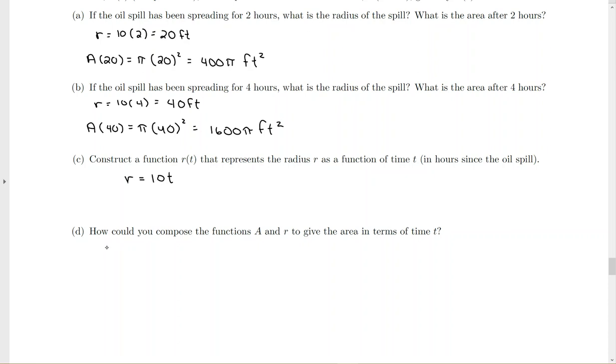Well, we know that our area formula was pi r squared. So instead of r, we're going to plug in 10t. And now it's going to be in terms of t.